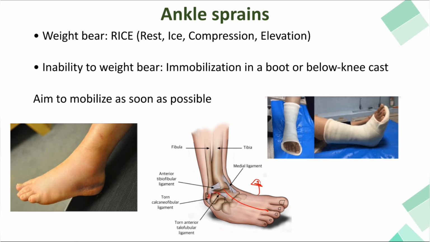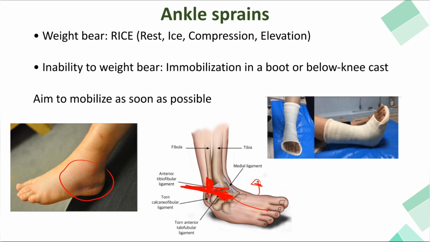This common mechanism usually happens during activities like running, jumping, or walking on uneven surfaces. In this mechanism, there will be rupture of these ligaments. Most commonly ruptured is the anterior talofibular ligament, which connects the fibula to the talus. There will be swelling, pain and bruising at that side, and inability to move the ankle very well.